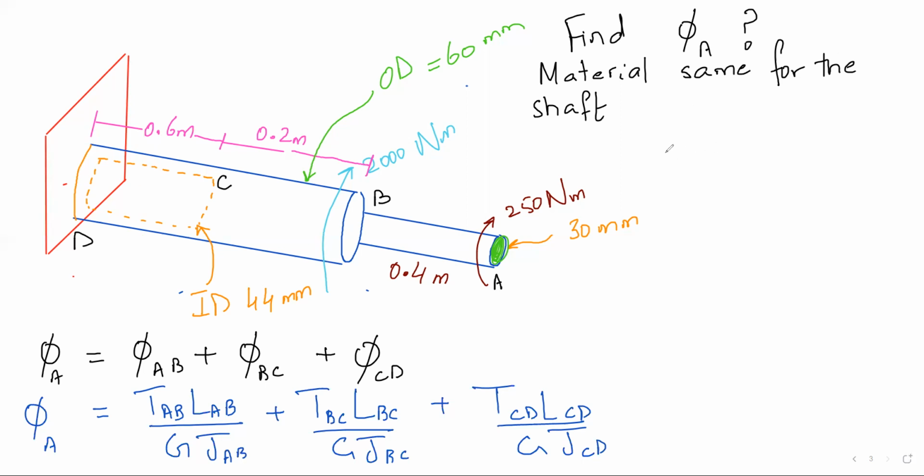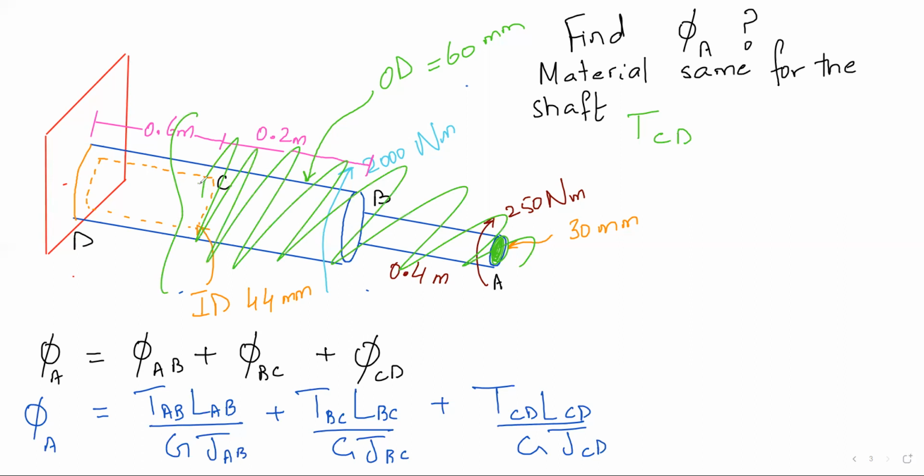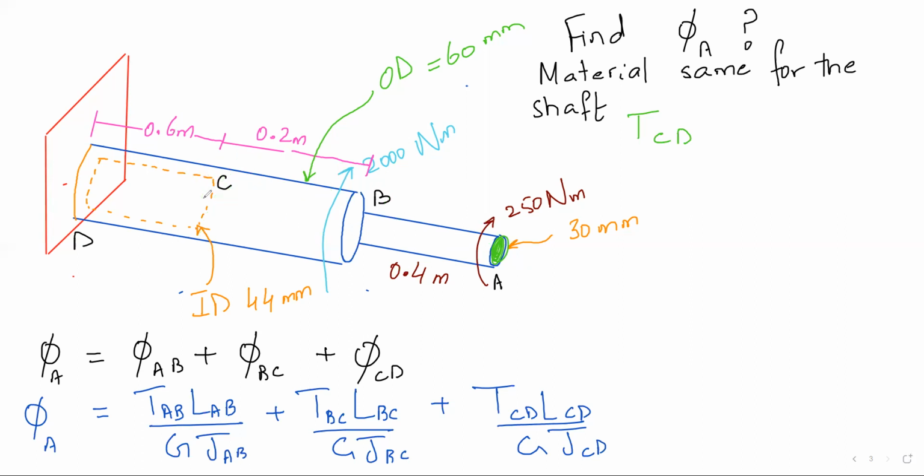Okay, so it will become T_CD. I throw the whole chunk away, and I'm looking from this side. Can we start from the other side? You can, yes, 100%.